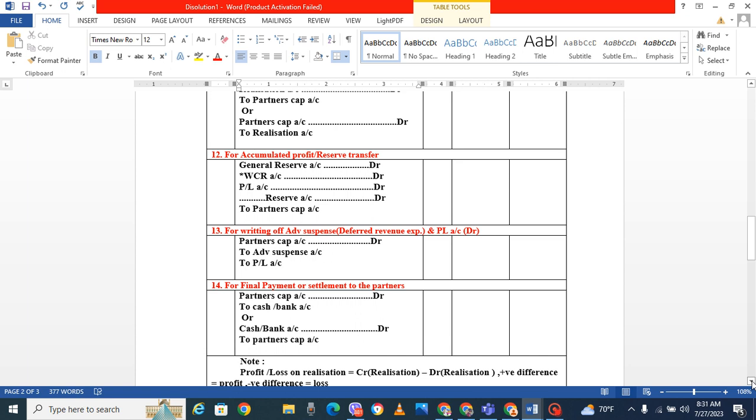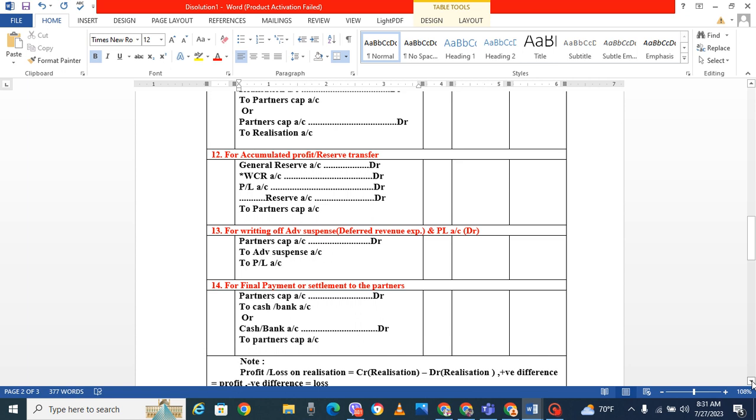The next one is for writing off ADB suspense or deferred revenue expenses and PL account. On the asset side, there are especially three things given. One is goodwill, that is old goodwill. Another is ADB suspense, and the next one is PL account. For goodwill, we don't write it off here as we did in admission and retirement, but here you have to treat goodwill as furniture.